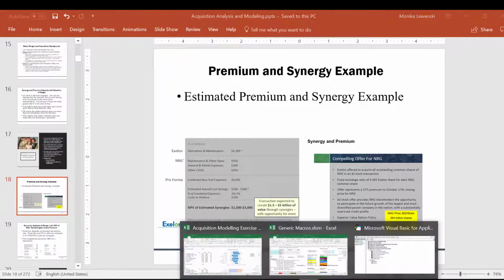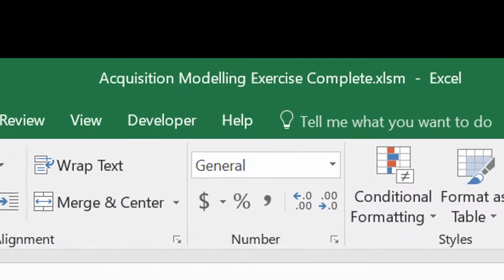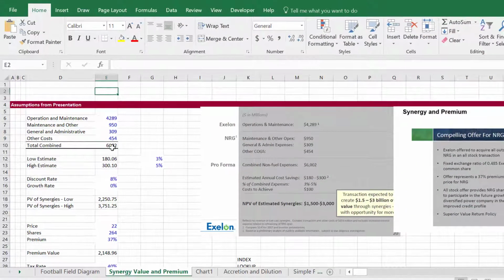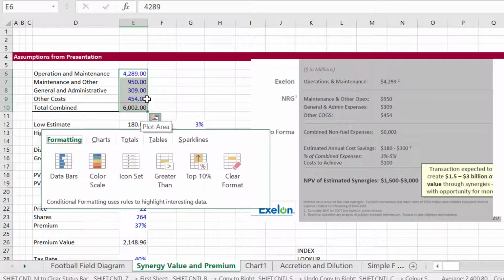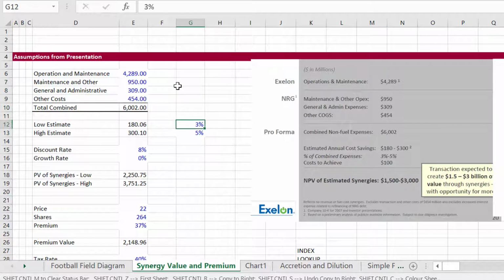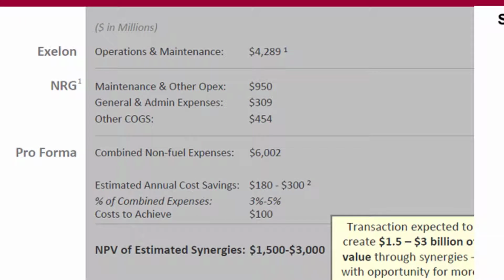If you look at this file, which will be on the disk, there's synergy and premium. I put it over here. For this company, the combined operating expenses were $6 billion. They did some fancy analysis and got, of the operation and maintenance for both companies together, 180 to 300 as the variation.